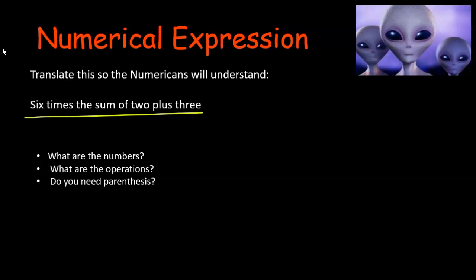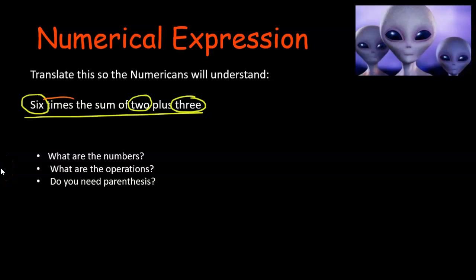So we have to figure out how to put them in numbers and symbols. And one of the first things we have to do is to look for number words. 6, 2, and 3. Then the next thing we have to do is find some words that help us know what operations we're going to use.